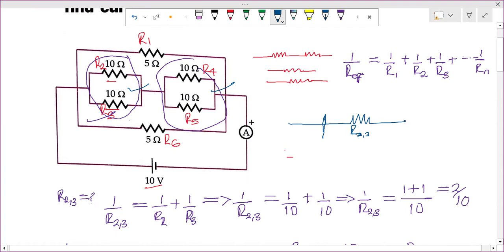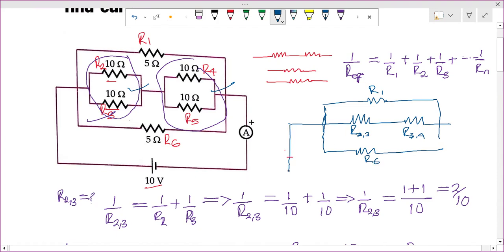Then the next one here becomes my R3,4. Is that correct? And above that is another resistor, which I term R1. Then below that, I have another one, which is R6, connected to 10 volts. So this is my new circuit.